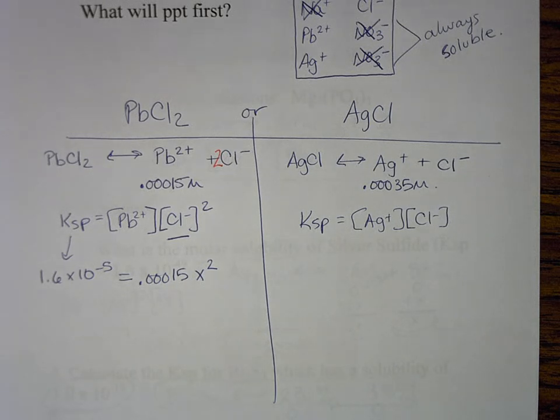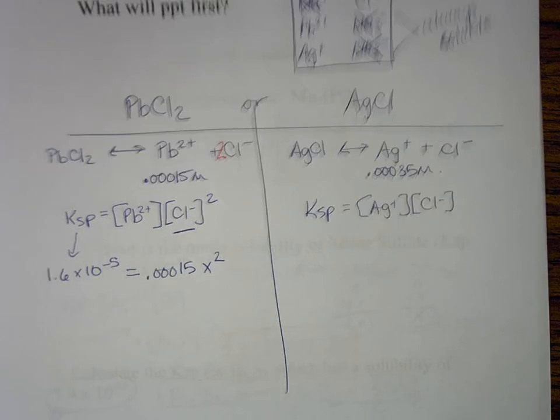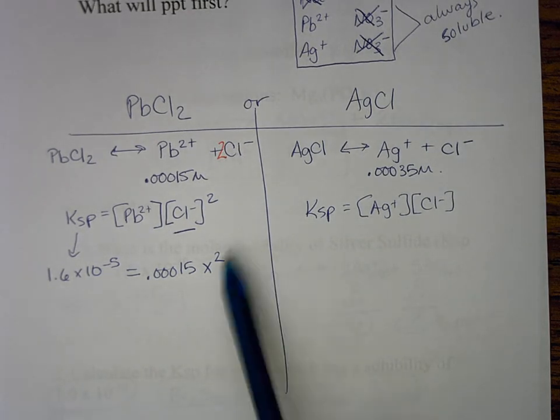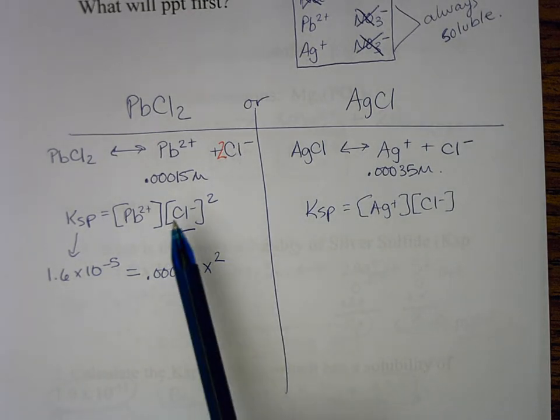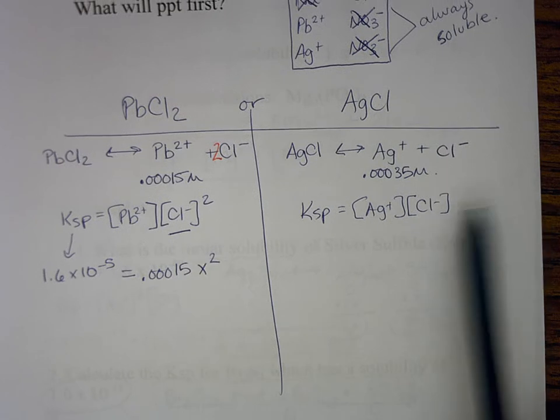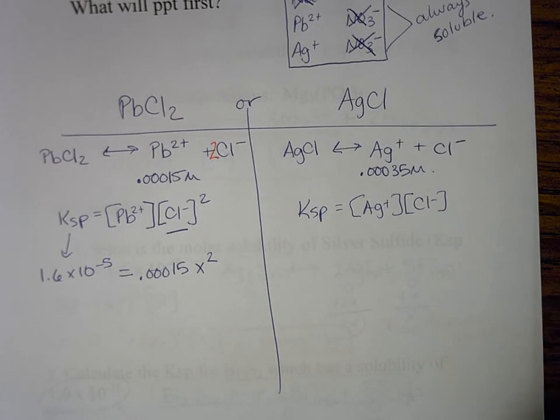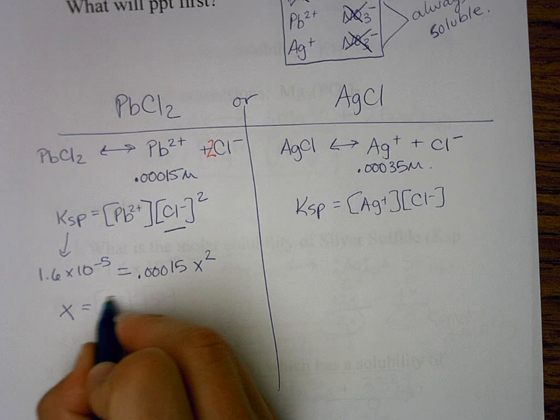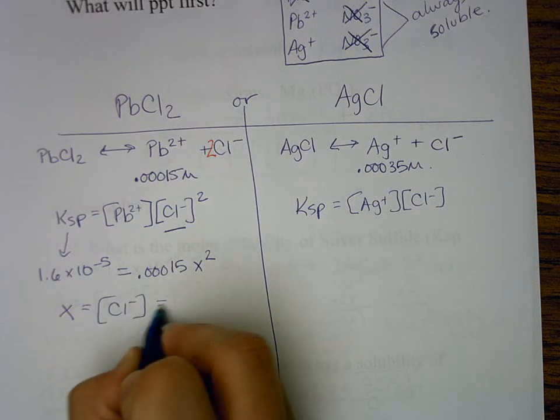Okay, so if I figure out the concentration of chloride ions here and the concentration of chloride ions here, what I'm solving for is how much chloride ion I need for the precipitate to actually form. When I solve for x here, the chloride ion concentration equals 0.327.